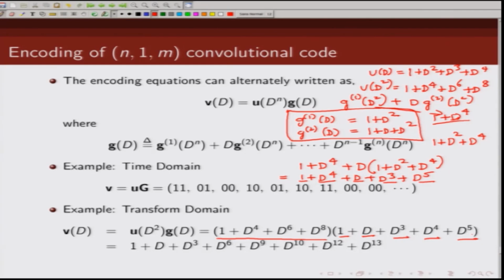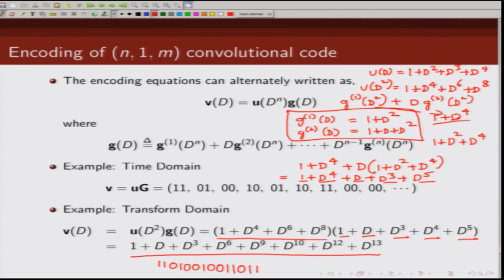Okay. So, this is our g(d). Now, if we multiply all of them, we get this. What is 1? 1 is 1, d is this, d^2 is 0, d^3 is 1, d^4 is 0, d^5 is 0, d^6 is 1, d^7 is 0, d^8 is 0, d^9 is 1, d^10 is 1, d^11 is 0, d^12 is 1, d^13 is 1. So, this is our output sequence.